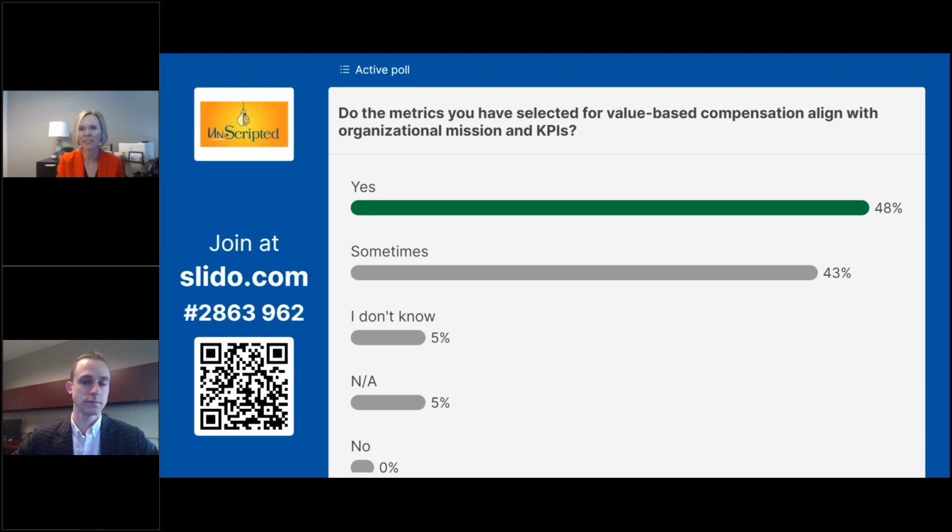I think, again, tying these and aligning these and making that physician feel part of that greater whole or that greater good within the organization may help with that. And I'm a little bit surprised, but happy to see 0% saying no. I mean, there's some NAs and some I don't knows, but I'm happy to see that.